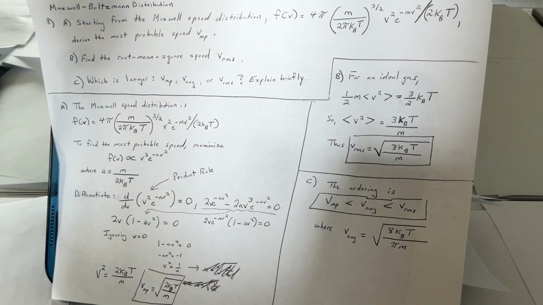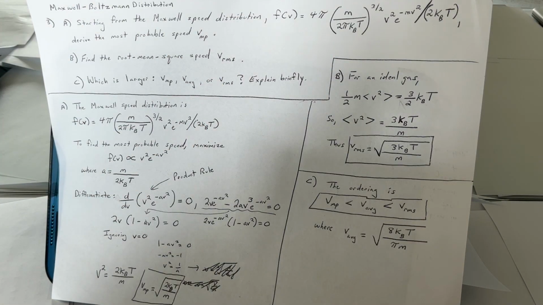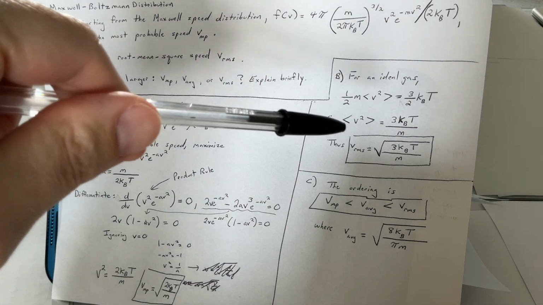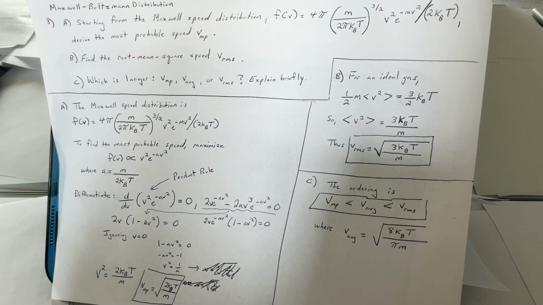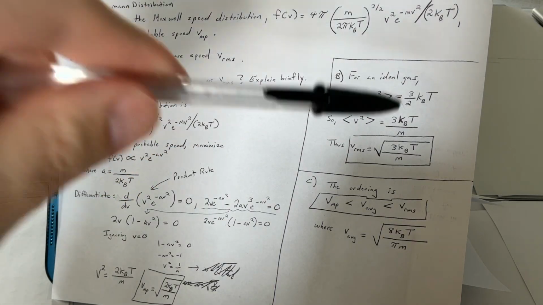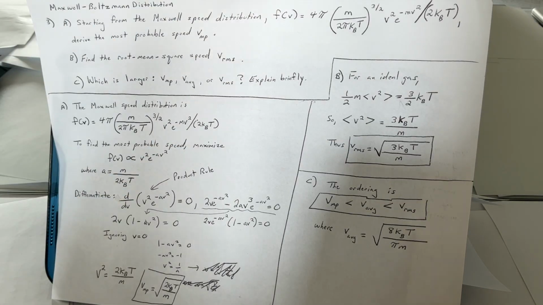So this is equal to 3/2 k_B T. Isolating v squared, multiplying by 2 on both sides, we get 3 k_B T over m. Taking the square root, only the positive, v_rms is square root of 3 k_B T over m. So that's for B.